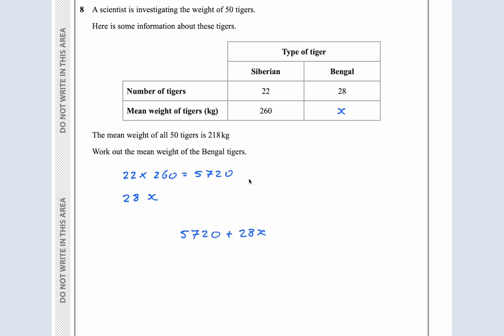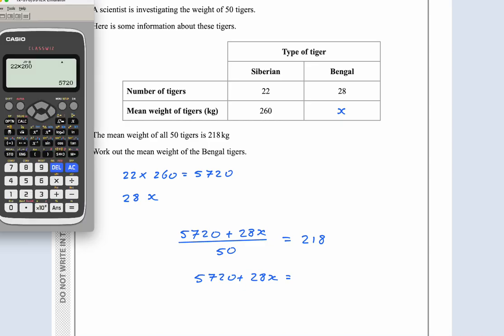Then to get the mean, we do the total weight of all the tigers divided by 50, because there's 50 tigers, and he tells us this is 218. So now we have our equation and we just need to solve this. How do I solve it? Multiply by 50. So 5720 plus 28x equals 218 times 50.